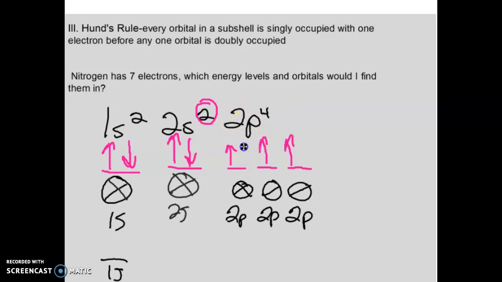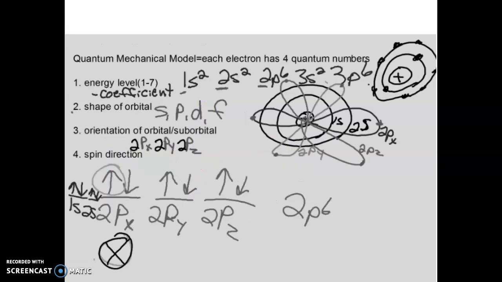So then we go back to the first 2p, which is 2px, and we add that second electron. There's our 2p4. But the rules by which they have to be filled are very specific. Hund's rule says every one of these has to be singly occupied before we can put a second one in any of them.